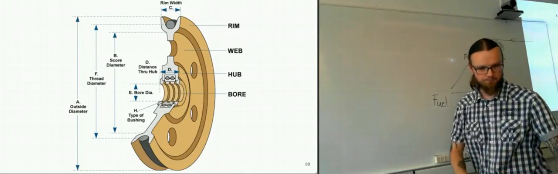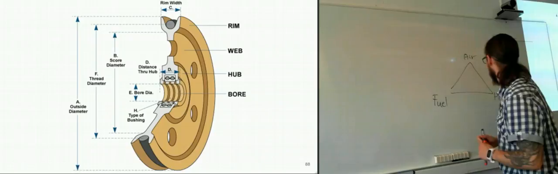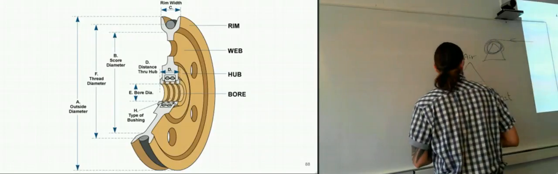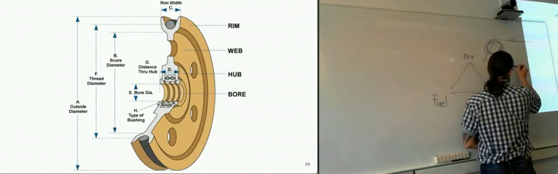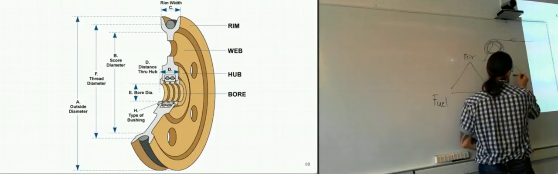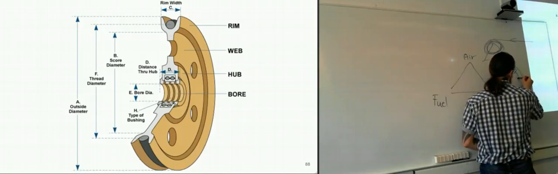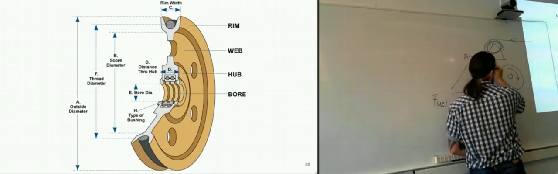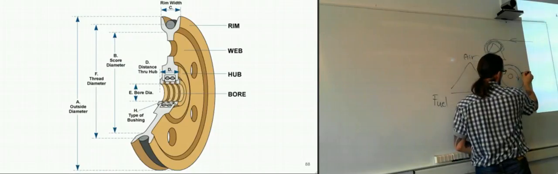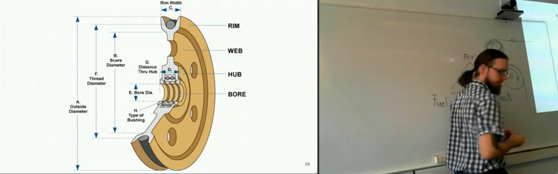If we have this sheave here, we have a wire coming in here, and it's rotating.